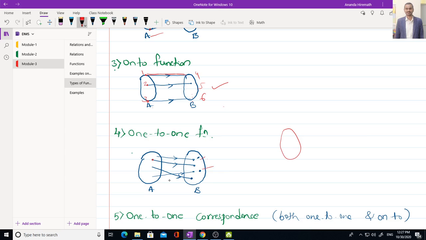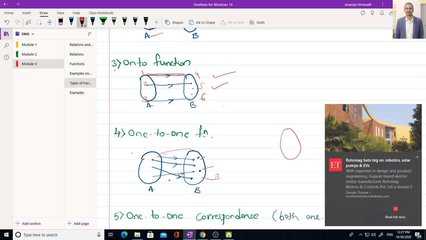So these two elements are not at all mapped from A. They have no pre-images in A. But the elements which are mapped, are mapped to only one element of B. So that is the difference. Now here we do not have extra elements in B. If we have them, it will become a one-to-one function. If no such extra elements are there in B, then such functions are called onto functions. So I hope you have understood the difference between onto function and one-to-one function.